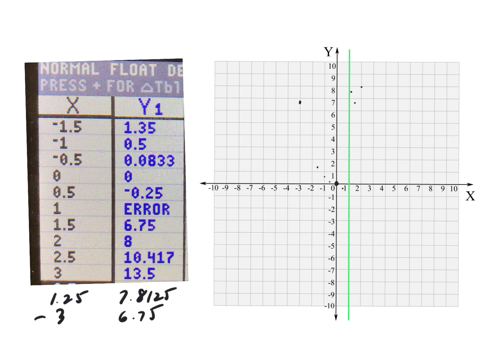So each problem will depend, right? The funkier looking the curve, probably the more points you're going to need, because I don't want just a crappy sketch. I would like you to make as accurate a graph as possible. So make sure your graph paper is turned on. That'll make this a lot easier to do. Sometimes you're going to want to change your scale and go by 2s or 5s or something.